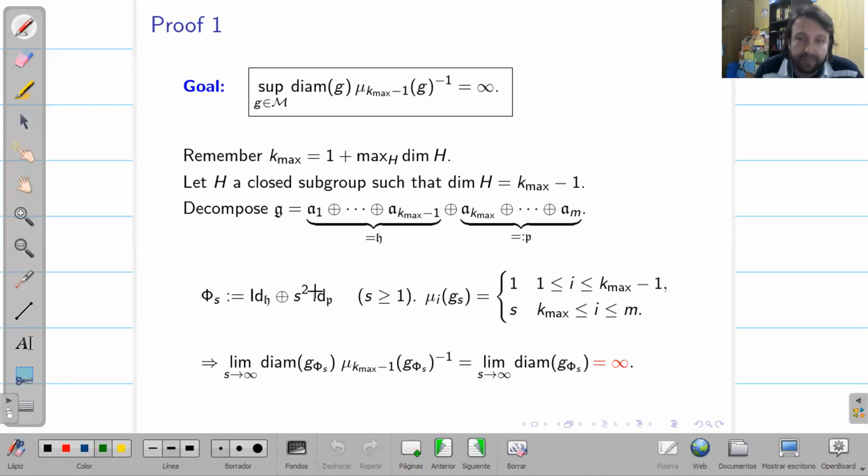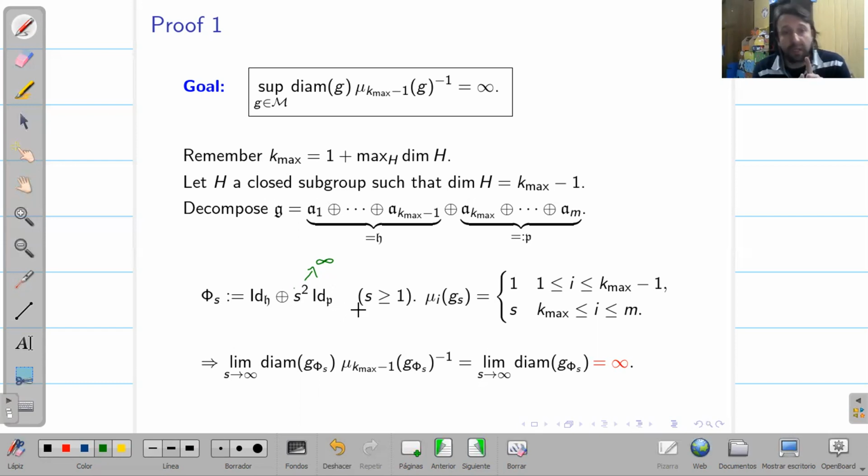And the point is, this is going to infinity, so the inner product induced by this positive definite symmetric map makes that any vector in G that has a non-zero component in B, when s goes to infinity, the norm of this vector is going to infinity when s does. Okay?